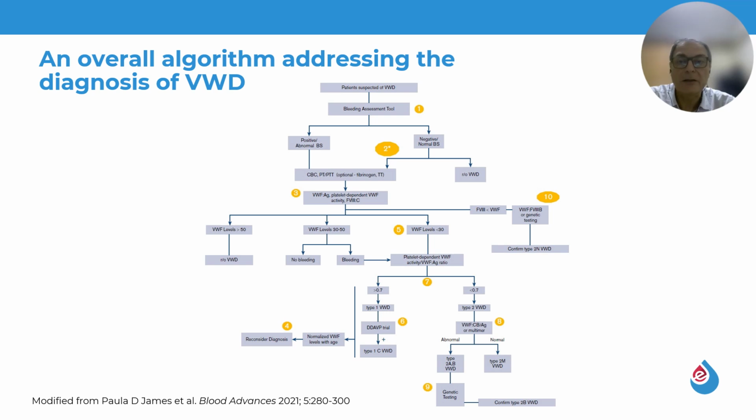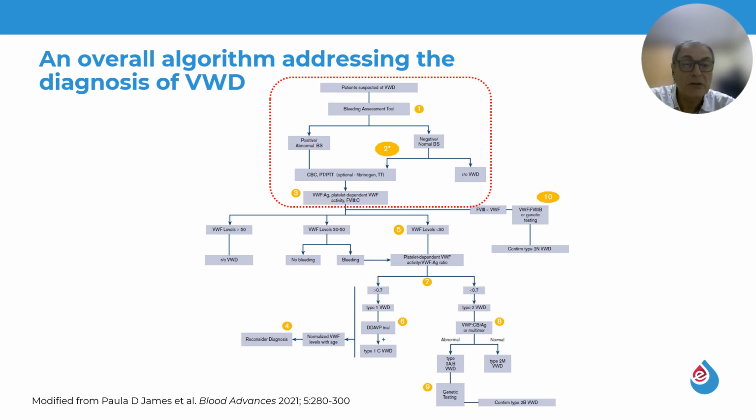This is the algorithm proposed by the panel to obtain the diagnosis of von Willebrand disease. It should be specified that these guidelines focused on the most common inherited forms of von Willebrand disease. We will go through the algorithm step by step following the panel indications, which, based on the strength of the evidence, are either recommendations or suggestions.